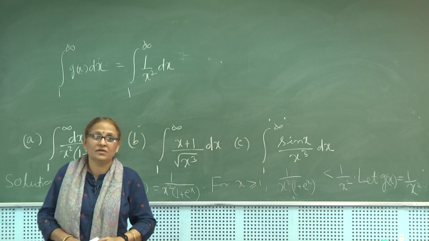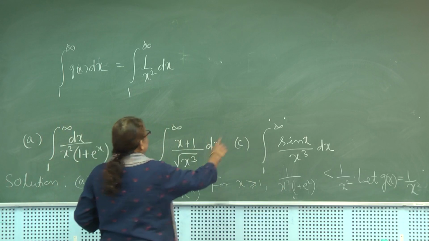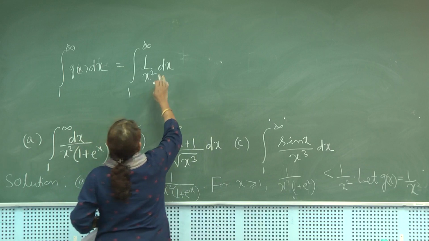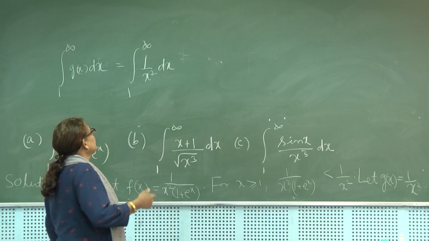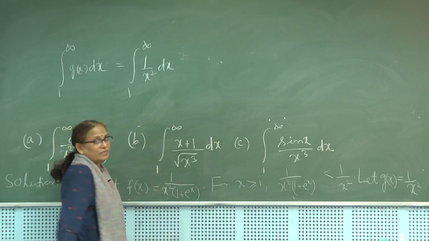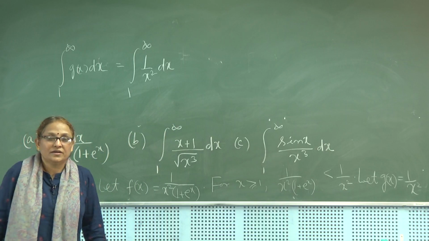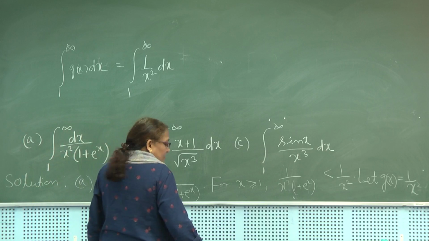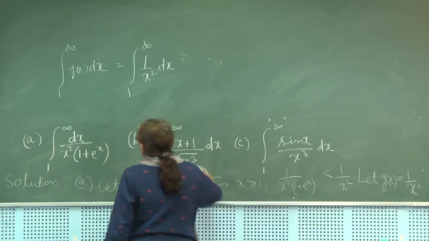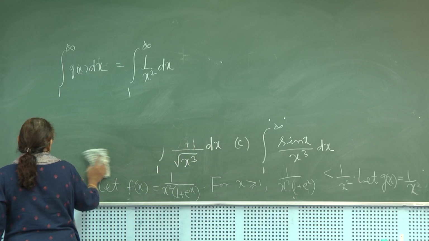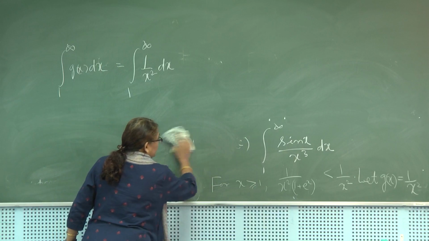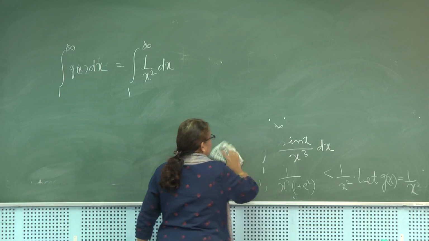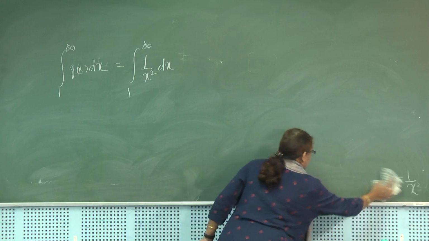So, therefore, they fulfill all the criteria of that comparison test. The only thing that remains is checking the convergence of this improper integral. So, for that, from our definition of improper integral, we can check its convergence.